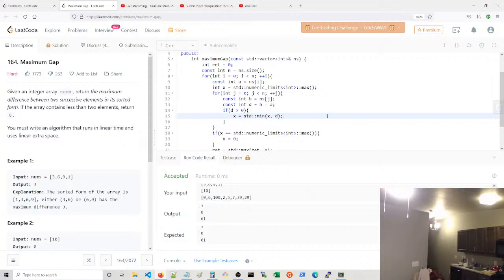I'm way overthinking this. The reason is that the differences that you come up with, if you have a smaller number than the number that you've considered already, we don't care about that difference.